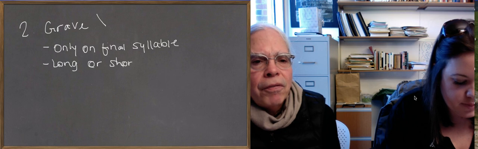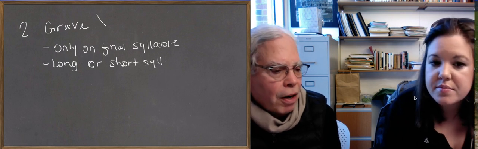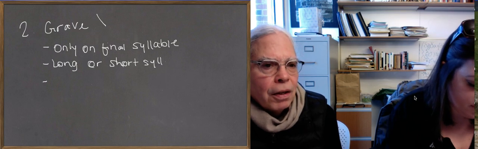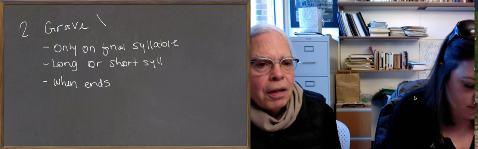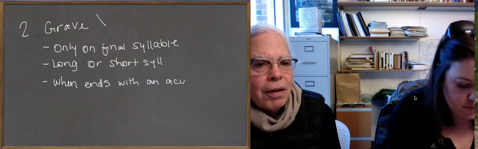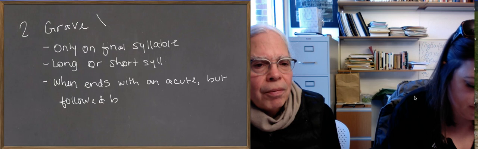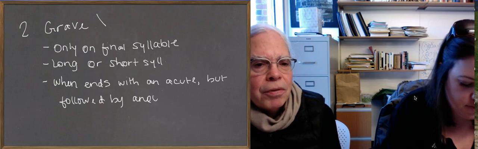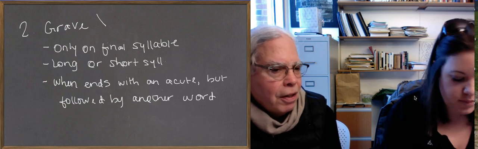Okay? In fact, what we have to tell you is that you only have a grave accent when a word ends with an acute accent, and another word follows. Then what happens is that the acute accent becomes a grave accent.